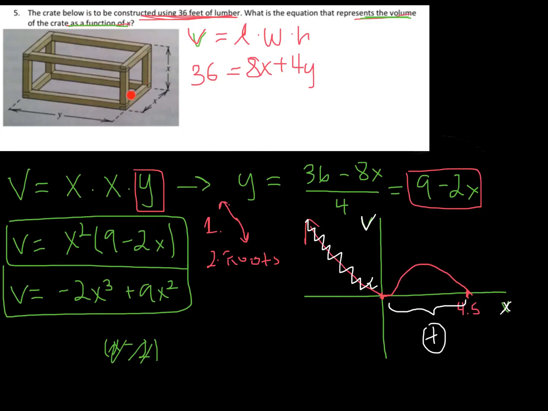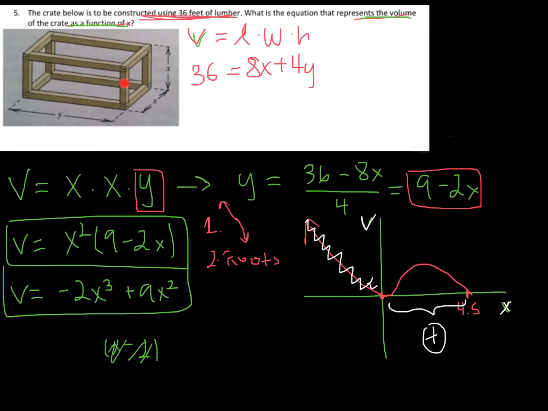Well, then you'd have 5 feet, 10 feet, 15 feet, 20 feet, 25 feet, 30 feet, 35 feet, 40 feet. What's the maximum amount of lumber you can have? 36. So if x were greater than 4.5, you would end up with not enough lumber to even build a crate.